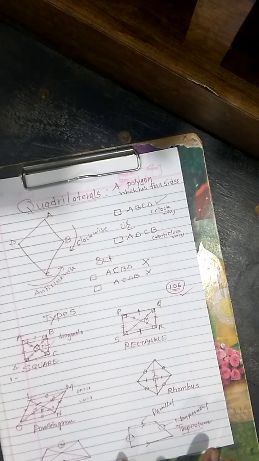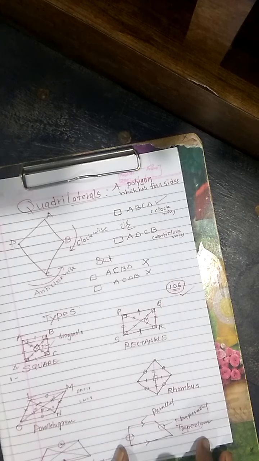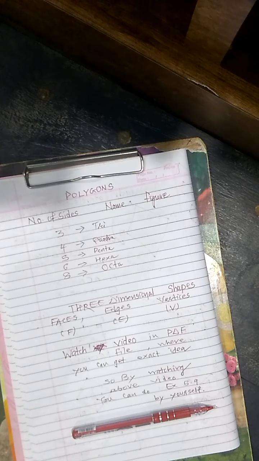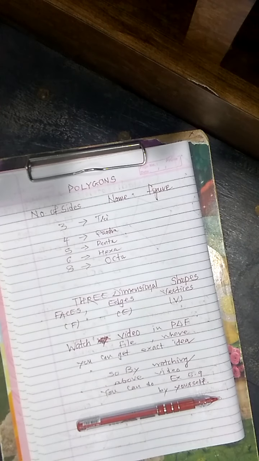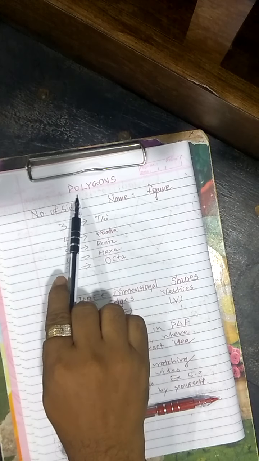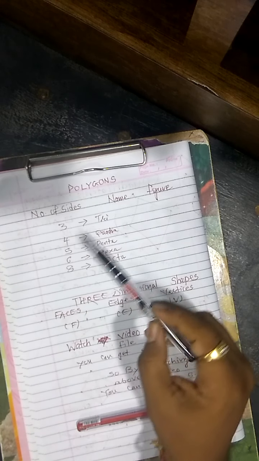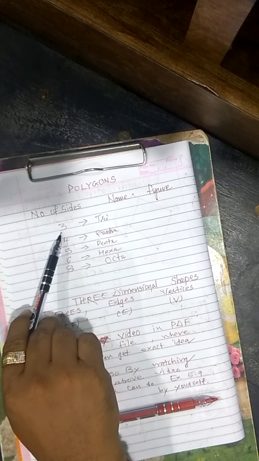Now we will see the last point of this chapter, that is polygons. Students, just now I have told you that polygons start from a minimum of 3 sides.